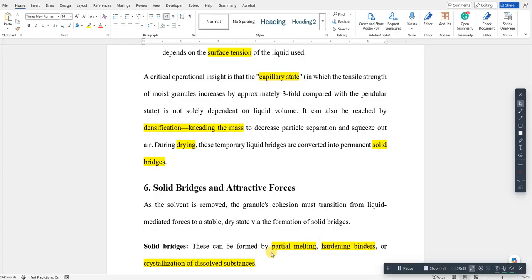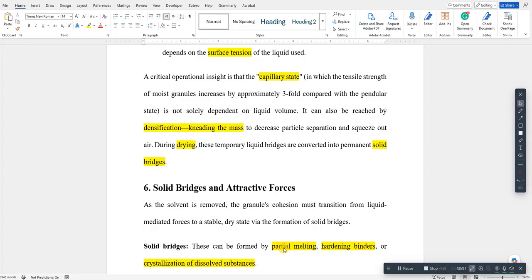And when you remove the force and the heat dissipates, the temperature goes down, they will harden. They will cause solid bridges between the particles. So solid bridges are not only because the binder solution has dried. In that case, we call it hardening binder. It can happen also for dry granulation when partial melting happens between the particles being compressed, and this partial melting solidifies, so it can cause a bridge.